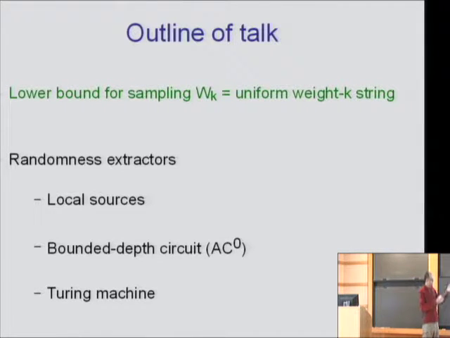And using this connection, go through a bunch of different models, like local again, AC0 circuits, and even Turing machines. We'll see both sampling lower bounds and also randomness extractor constructions for each of these. So let me start with this lower bound for sampling W_k, and I'm going to try to mention open problems along the way.